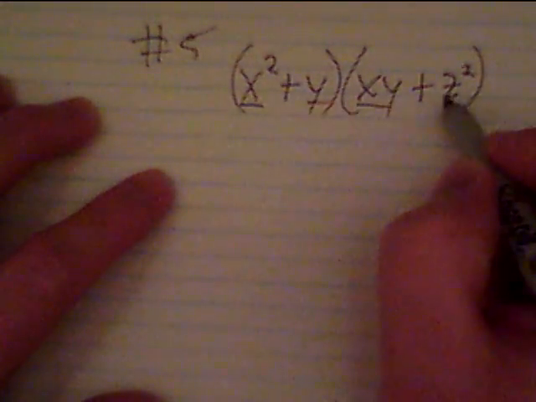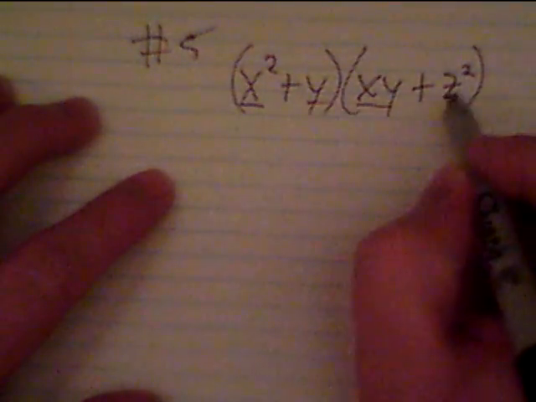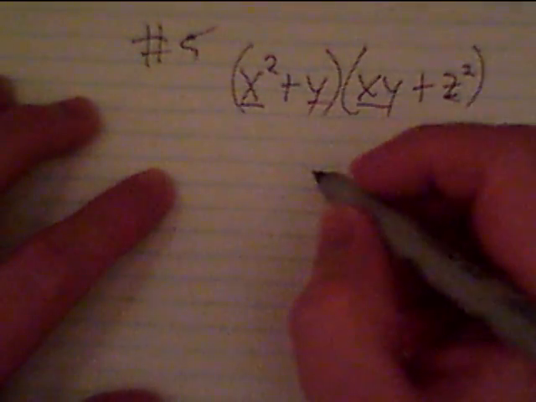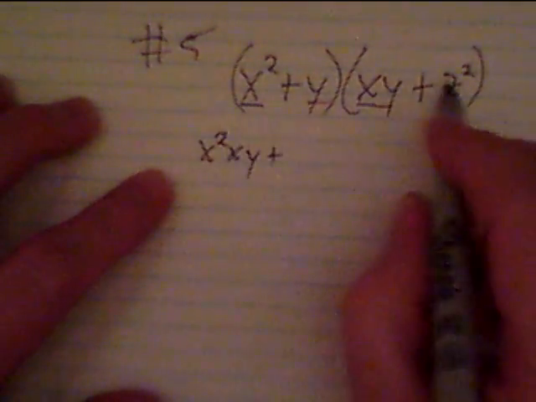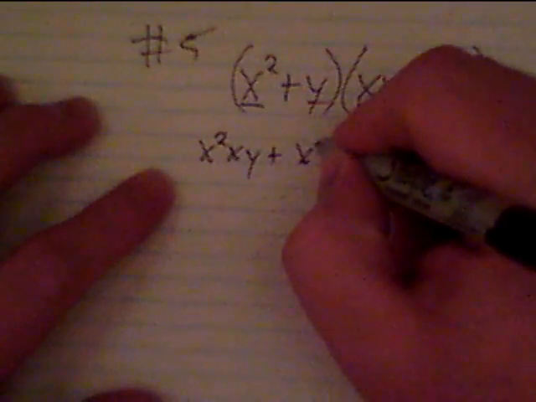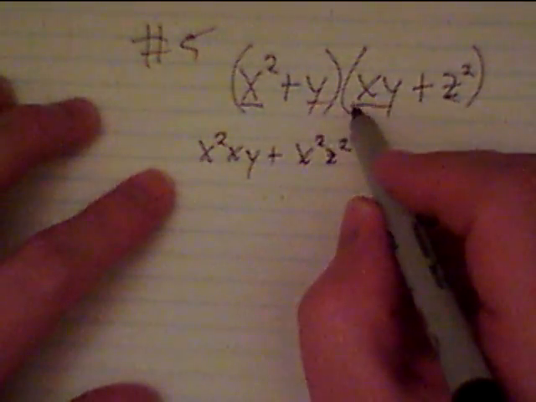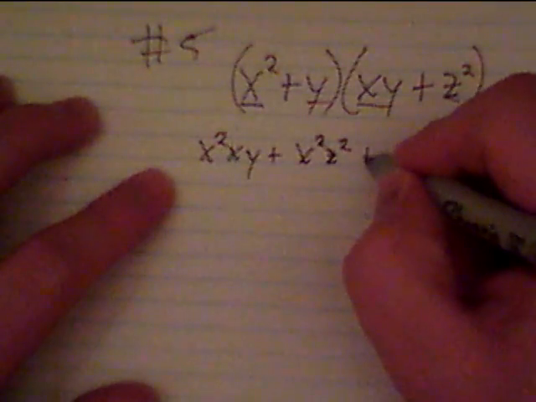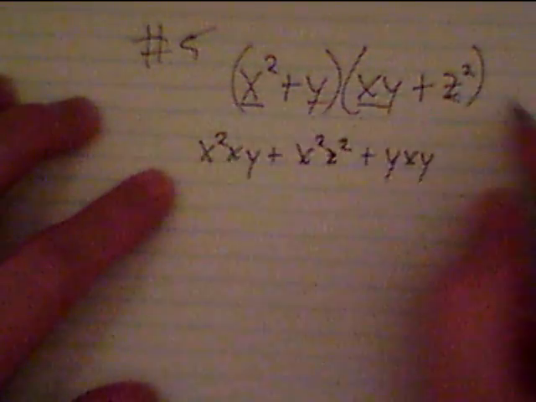First, outer, inner, last. So first we have x squared times xy plus outer, x squared times z squared, inner, y times xy, and last, y times z squared.